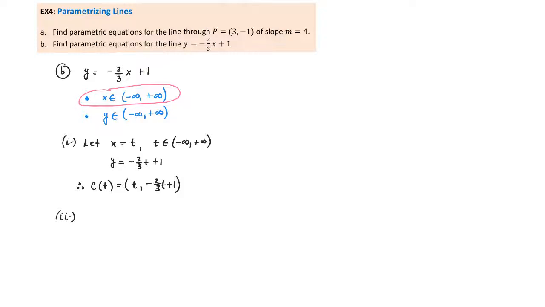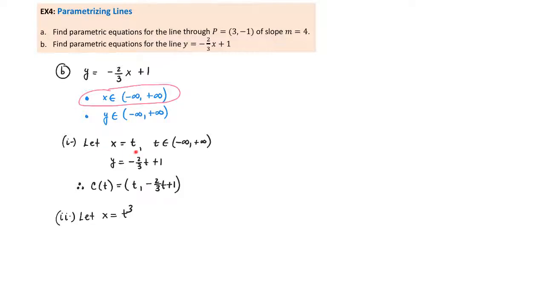Another way is to let x equal t to the third. And t to the third is allowed because t to the third covers all real numbers again, right? So that means that I am not sacrificing any x value. Remember, the domain of x has to be all real numbers.